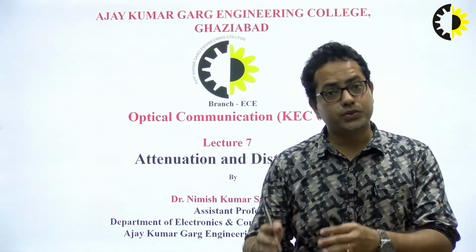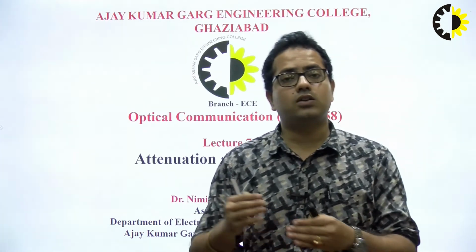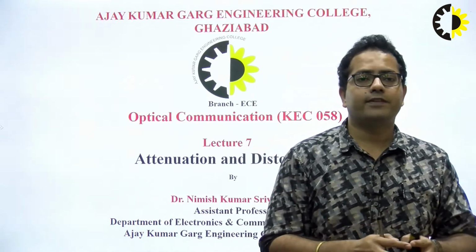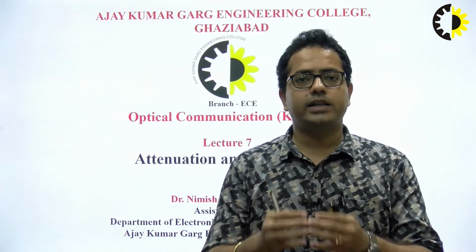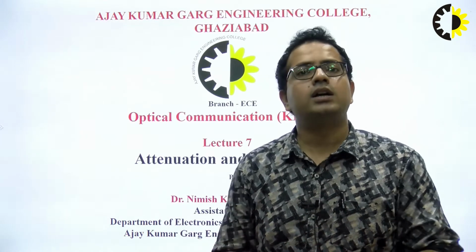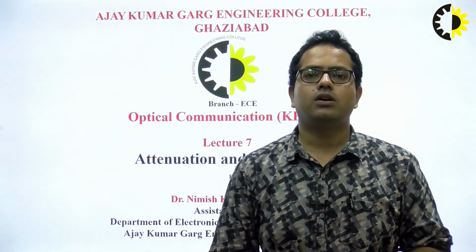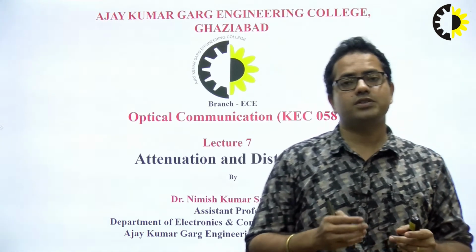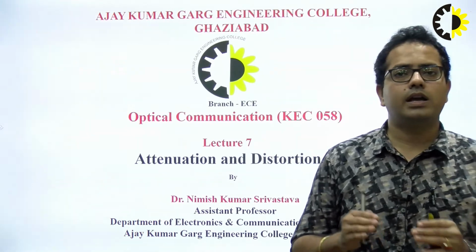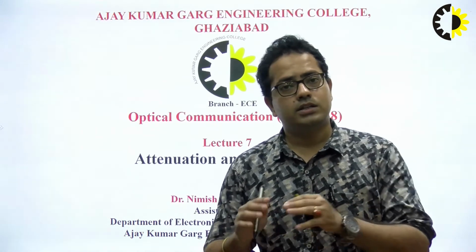After that, we should know the different effects that could put some drawbacks on optical fibers, like attenuation and distortion. These are effects that lead to a decrease in the strength of light waves propagating through optical fibers. So the very first topic we will discuss is attenuation as well as distortion.